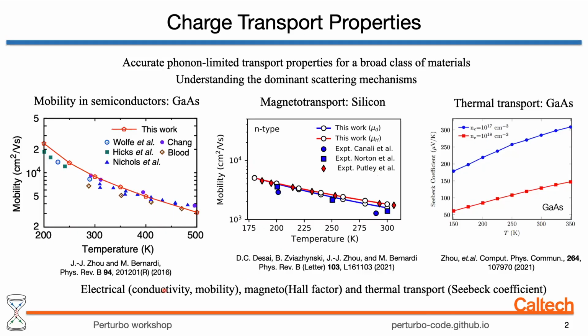But in general, Perturbo can calculate electrical properties such as conductivity and mobility, magneto transport properties such as the Hall factor, and thermal transport properties such as the Seebeck coefficient. And what's especially interesting in Perturbo is that because we can look at each individual phonon mode, we can understand what gives rise to the various transport properties and what the dominant scattering mechanism is.